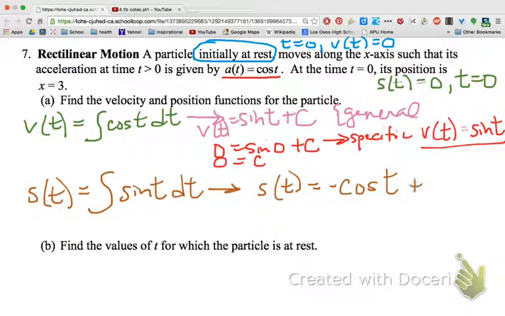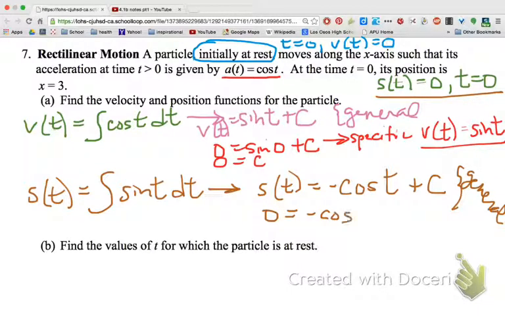And again, my general solution has the plus c, but I know this information up here, so I can plug in 0 for position and 0 for t.